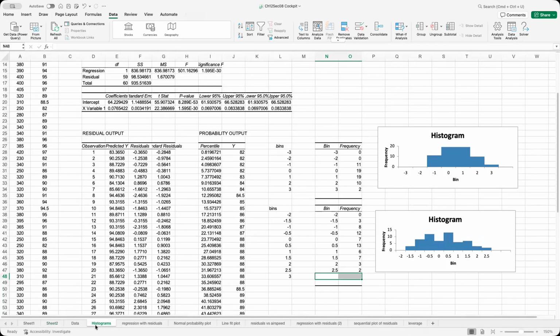Here, by the way, is the histogram of our standardized residuals. You'll notice I have a couple up in the 2 to 3 range. I don't have anything above 2.5, I don't have anything below -2. I don't have outliers here.